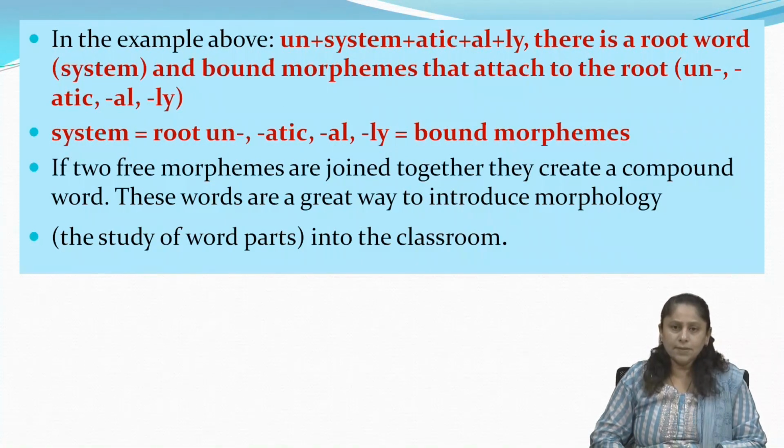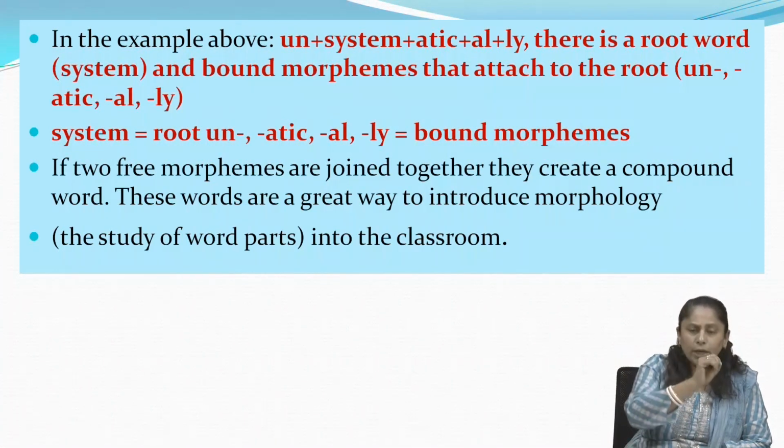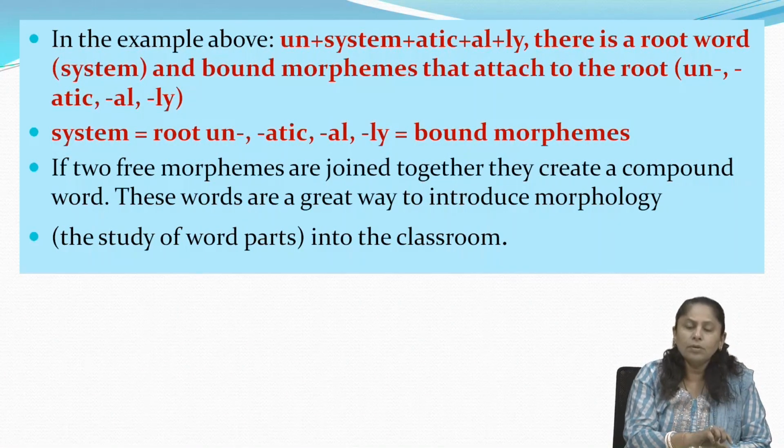Look, unsystematically is the compound word. These words are a great way to introduce morphology, the study of word parts, into the classroom. These are the exercises which you are going to do in the classroom utilizing the bound morphemes.